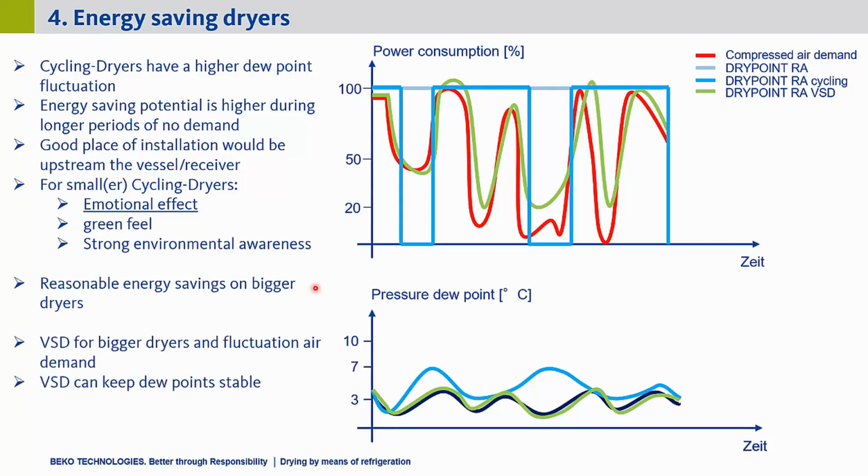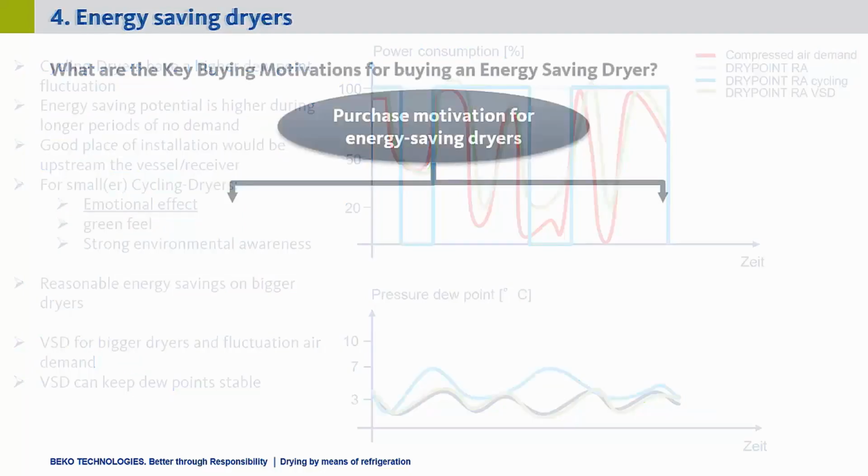So VSD is only for bigger dryers and for fluctuating air demand, because then you have the highest savings compared to the cycling or a continuously running dryer. And again, one very good point of the VSD dryers is they can keep dew points stable, same as a standard IRA dryer.